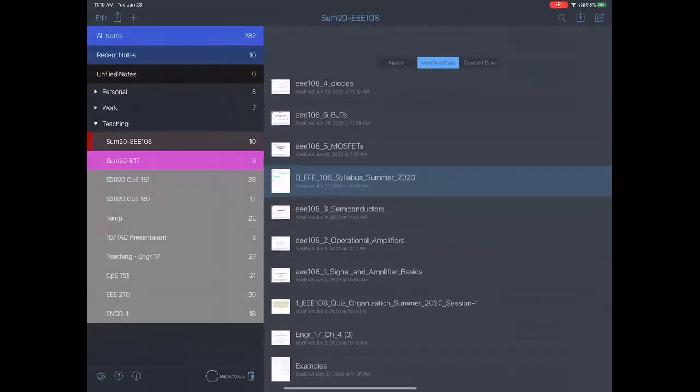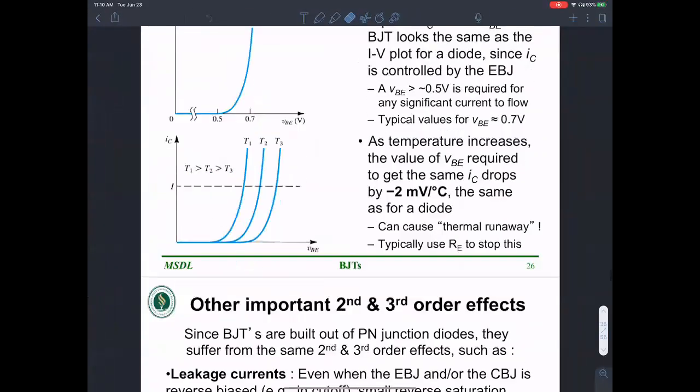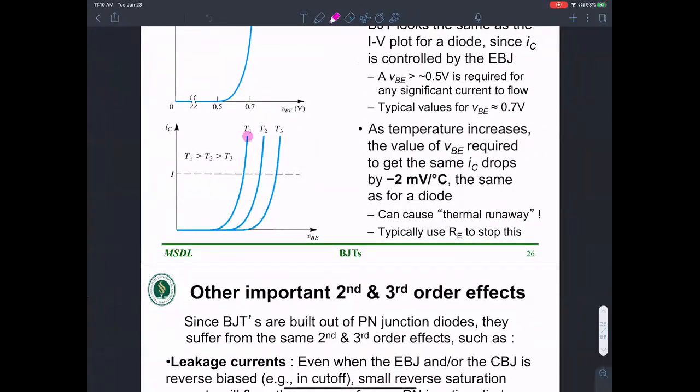If I go back to BJTs, at higher temperature, T1 is the highest. Remember, at higher temperature I need a much lower voltage to conduct the same amount of current. So this can cause a thermal runaway. When the temperature increases, the current goes up, and as the current goes up, it increases the temperature further.